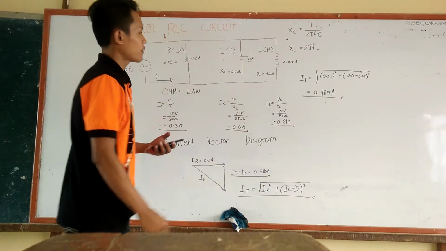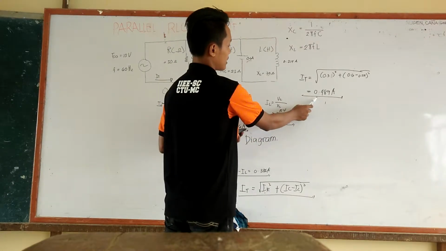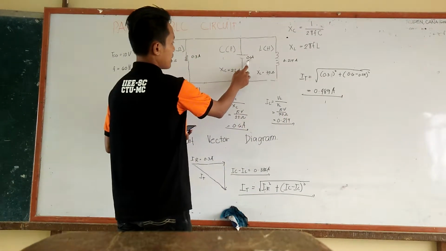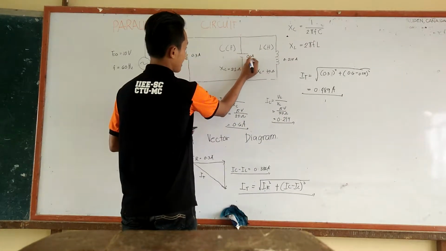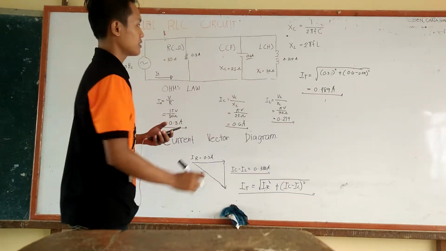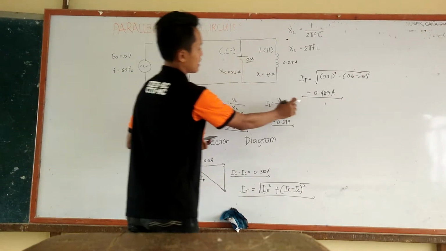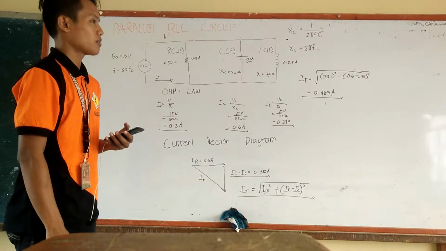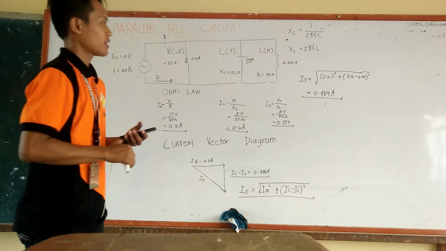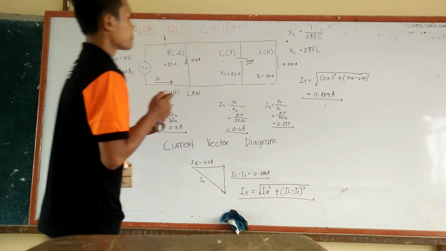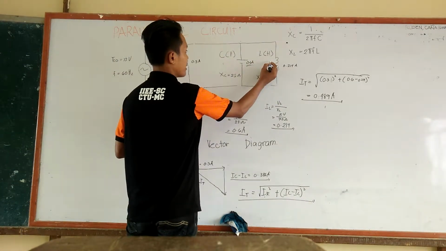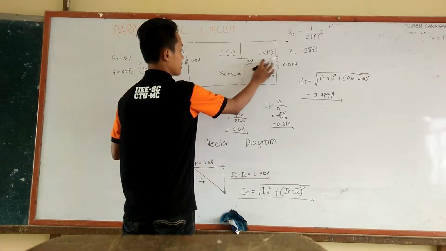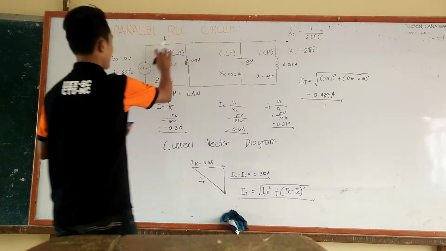At first glance, you would say that this is wrong, because as you look at the value of the current in the capacitor, this is 0.6 and the total current is 0.489. So you can say that it is wrong, but actually it is right. There is an exchange of energy here in the capacitor and inductor that is not reflected back in here.